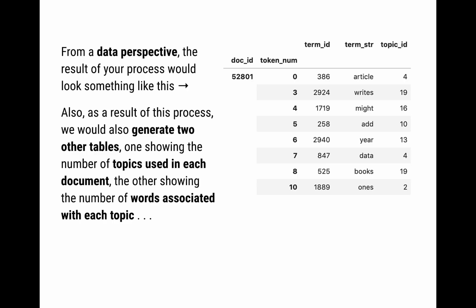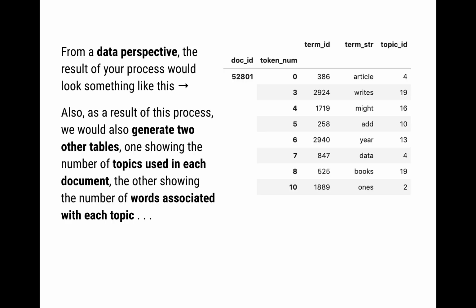Okay, so here's what this process looks like from the perspective of the data that it generates. We could imagine that instead of writing an essay, or if we were keeping tabs on the essay, we could represent the process in this structured way. You can see that it's the token table where we now have in the third column the topics assigned as a result of the two-step process that we talked about.